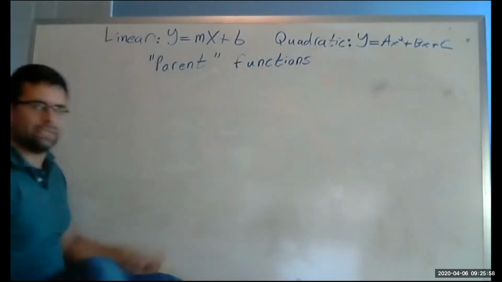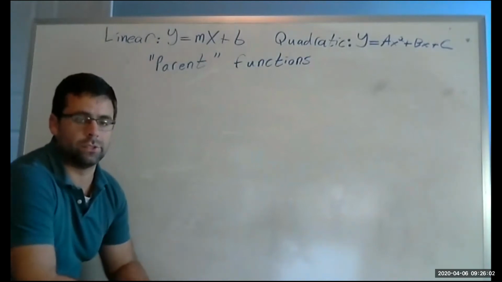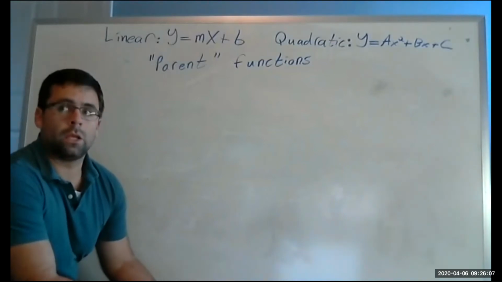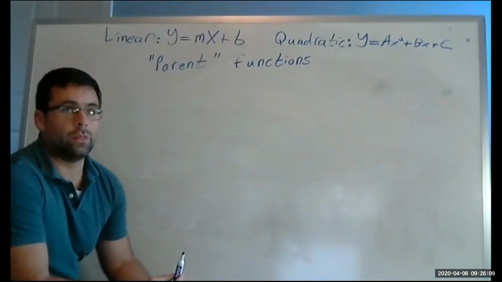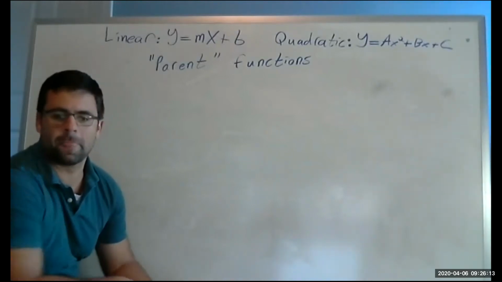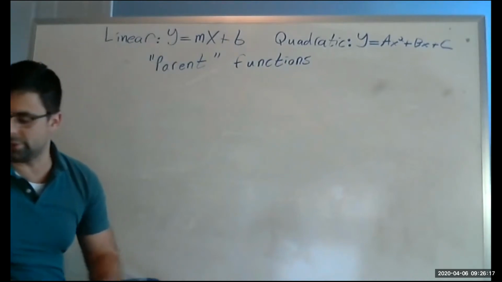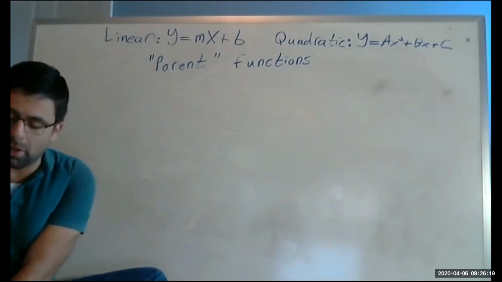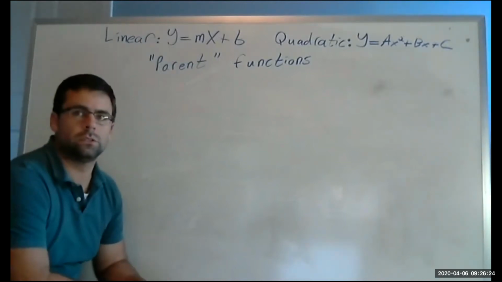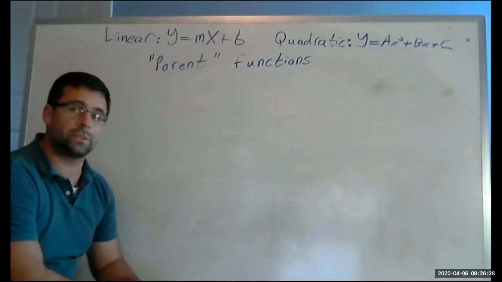The idea here is that a parent function is like a parent to children. You can have one parent, or really two parents, I guess. You can have two parents, but those two parents can create a bunch of different looking little children functions. But there are some rules.